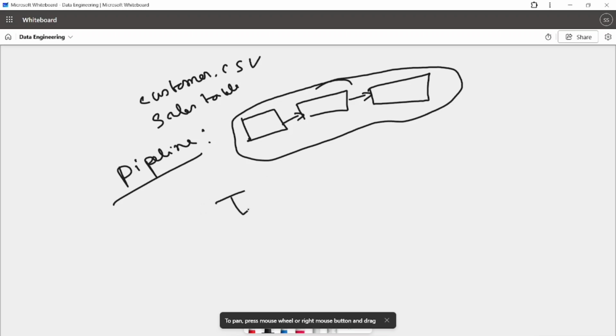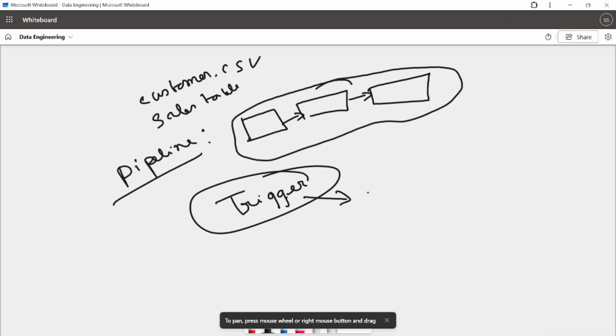Next guys, triggers. What is trigger? So trigger determines when a pipeline should execute. Okay, first you have to build a pipeline, then you have to use this trigger, as per the business requirement.